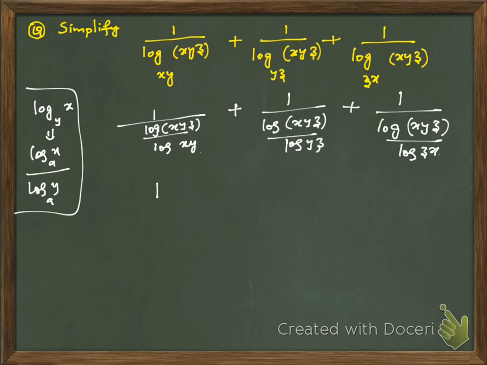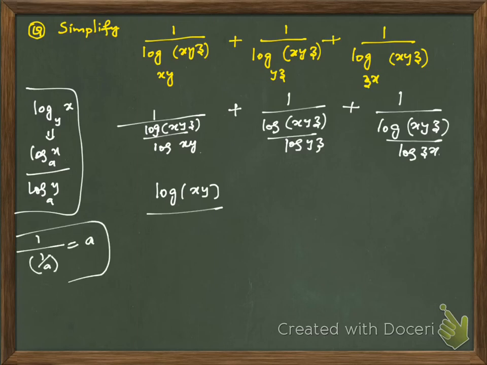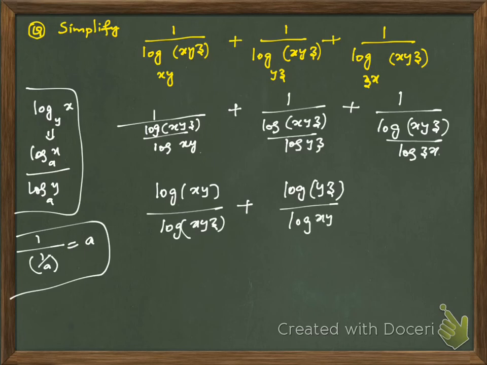So that will become, if you have 1 divided by 1 by a, you will write it as a. So that will become log of xy by log xyz plus log of yz by log xyz plus log of zx by log of xyz.